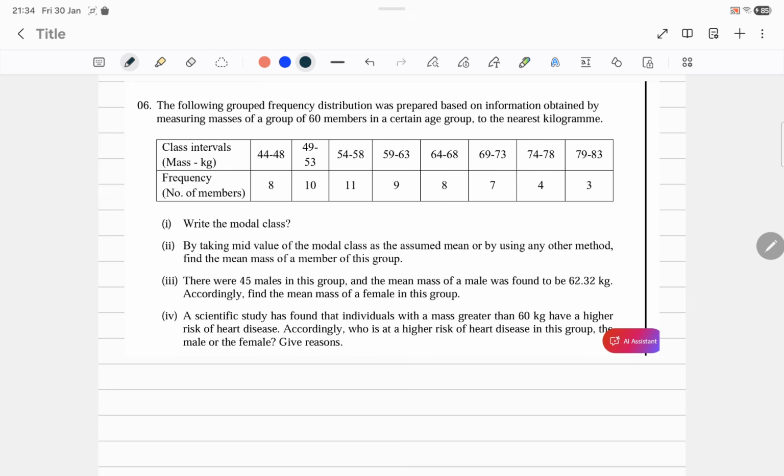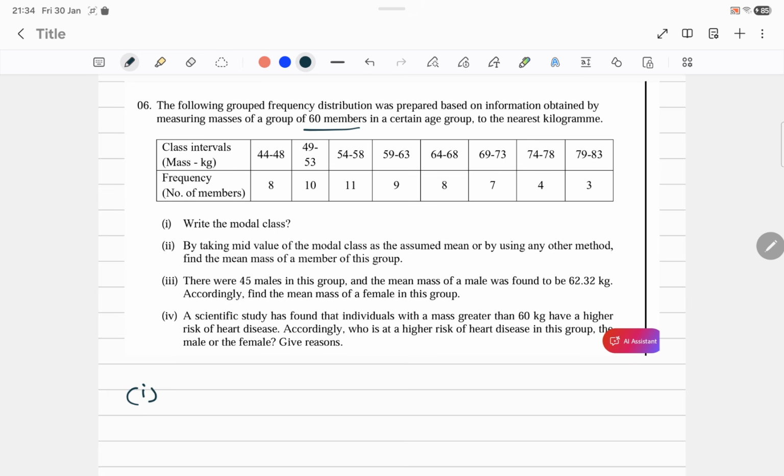Right, so let's look at question number 6. The following grouped frequency distribution was prepared based on information obtained by measuring the masses of a group of 60 members in a certain age group to the nearest kilogram. That table is given.